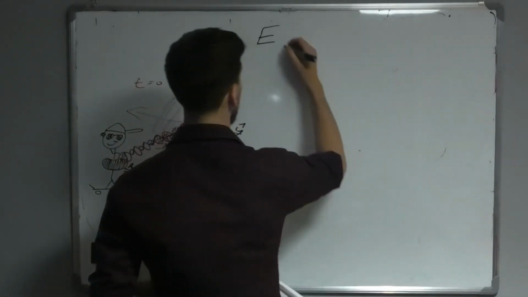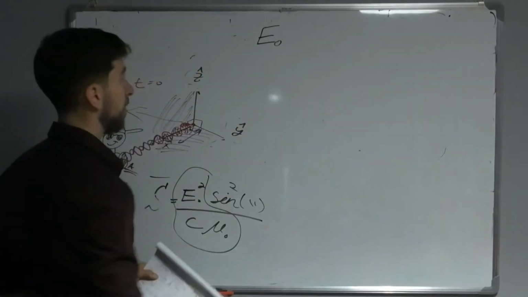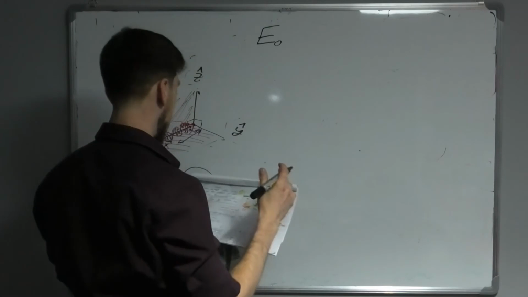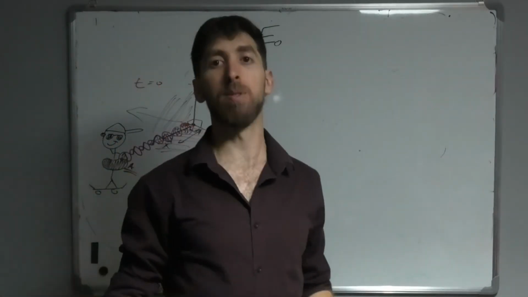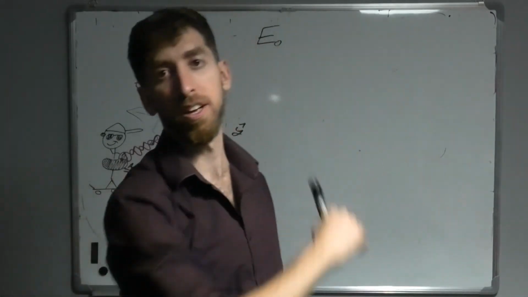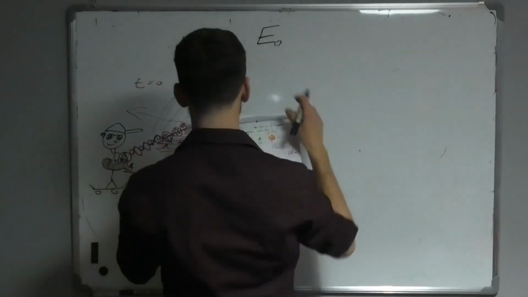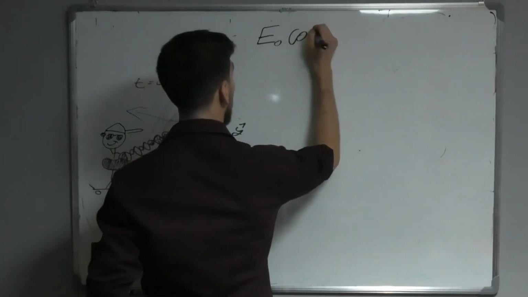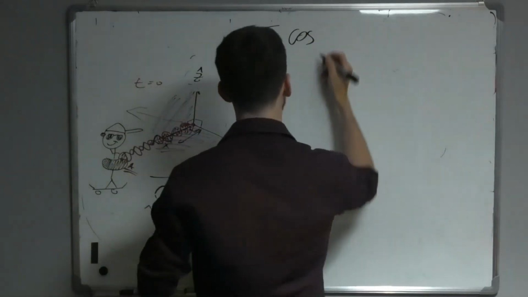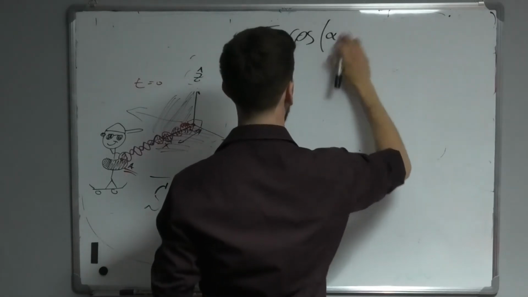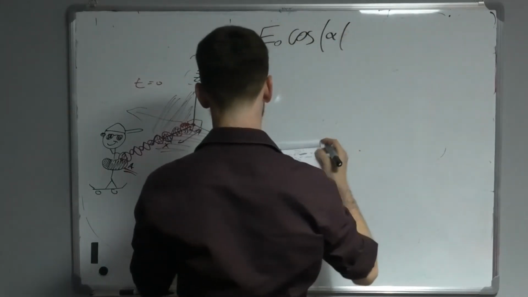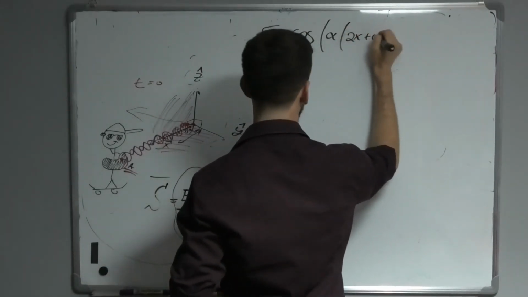So the magnitude stayed the same, but now we declare a new time. This is now time 0, since she hit the gun with her elbow. So these sines now become cosines. And this is alpha multiplied by 2x plus y.